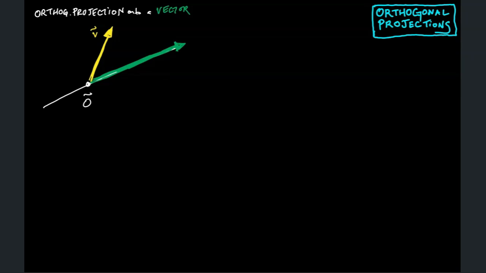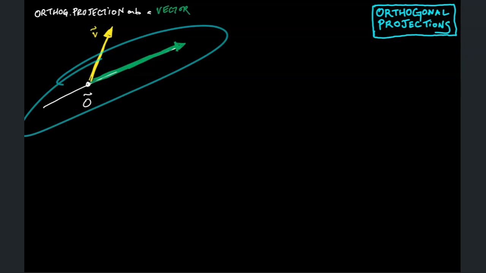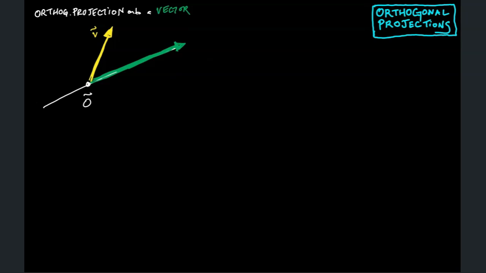But I'm going to go one step further. Rather than working with any old vector that lies on the line, let's restrict our attention to a unit vector. We often use unit vectors to indicate direction because their magnitude doesn't vary. So all they're good for is pointing out a particular direction. Anyway, let's call our unit vector u, or u hat. I put the little hat over it to indicate that it's a unit vector.